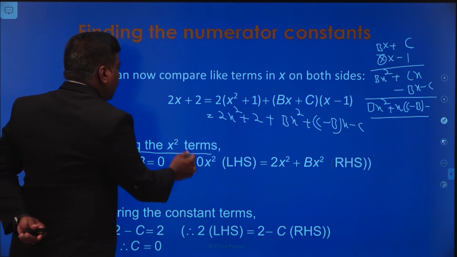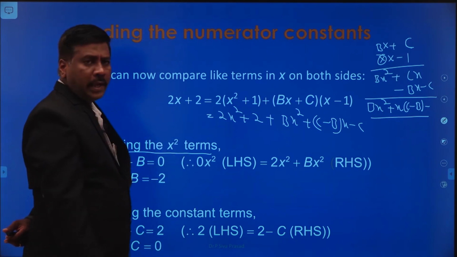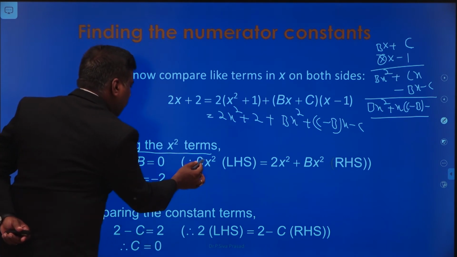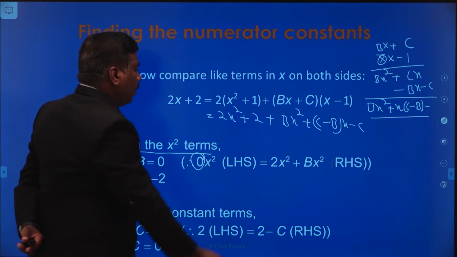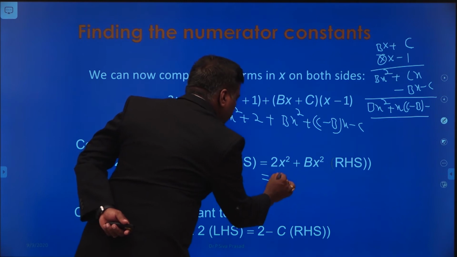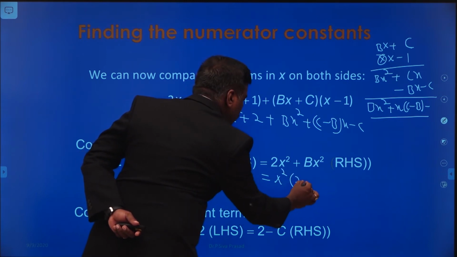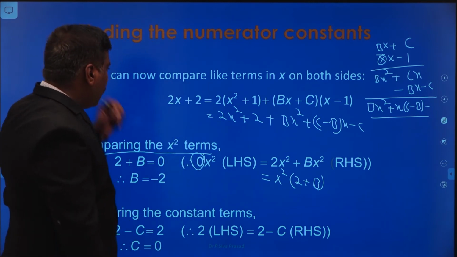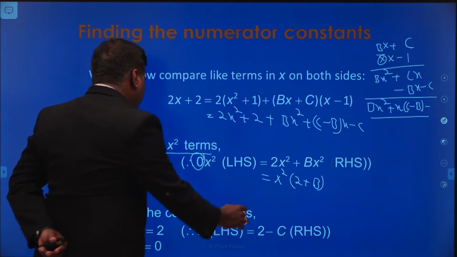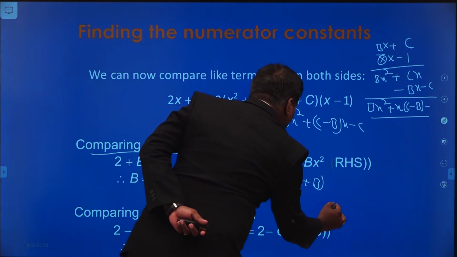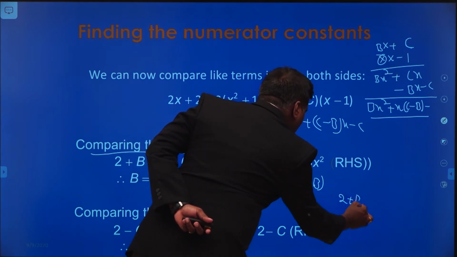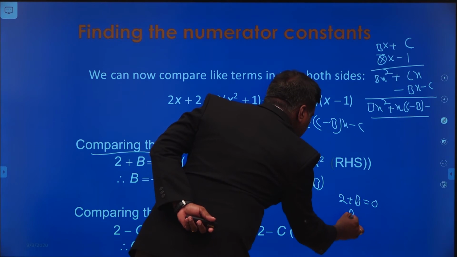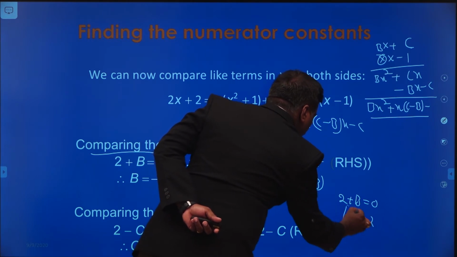That means in the left hand side there is no x square term. Therefore you have to equate that to 0. And in that, x square is to be taken common, that is 2 plus b. So 2 plus b is equal to 0. Then automatically we will get b value is equal to minus of 2.